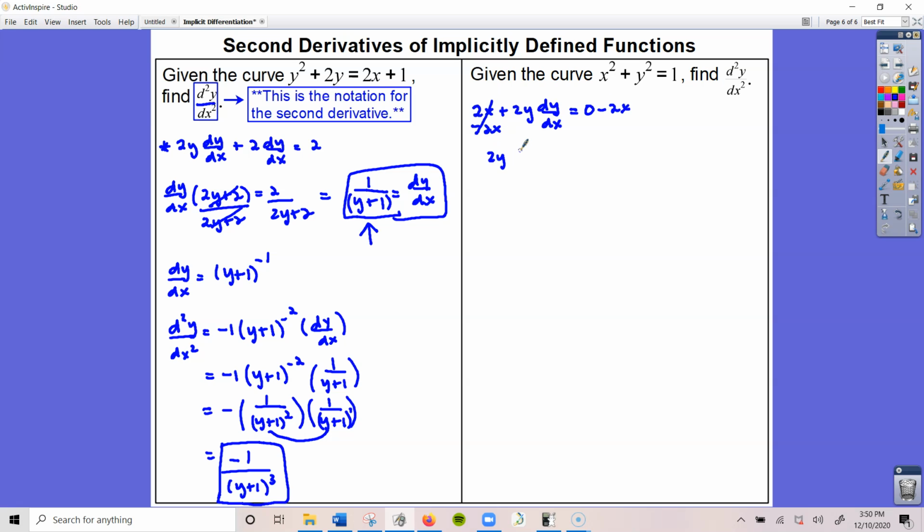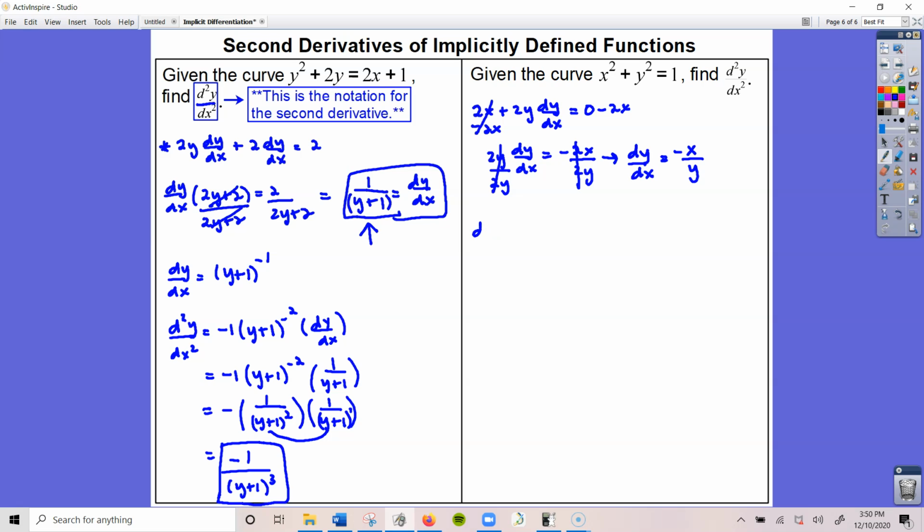So 2y dy dx is equal to negative 2x, and then divide by 2y. So we get that dy dx is equal to negative x over y, since those 2's cancel out.